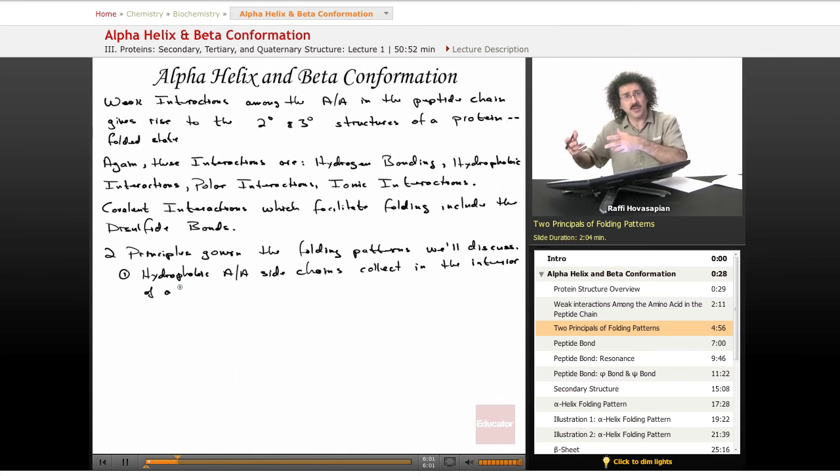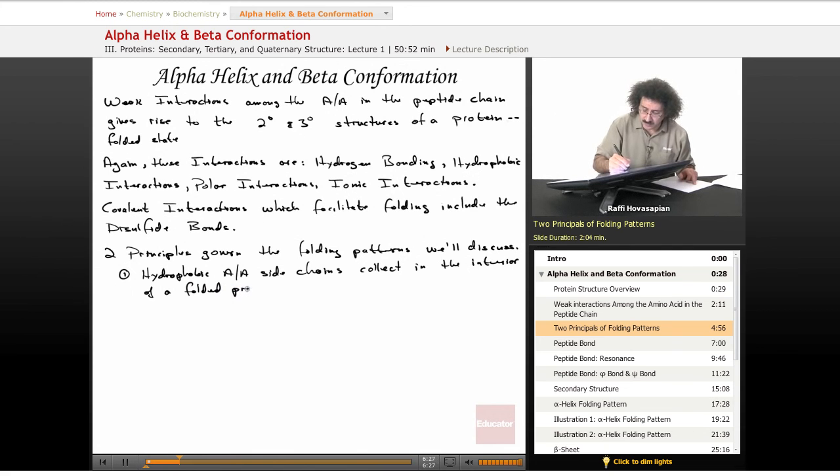Proteins are soluble. Proteins are floating around in aqueous solution. But hydrophobic means that they're afraid of water. They don't want to be near the water. So when a protein folds, it tends to have its hydrophilic amino acid side chains on the outside, where they can interact with the water. The hydrophobic ones tend to be on the inside, as far away from the water as possible. They collect in the interior of a folded protein.